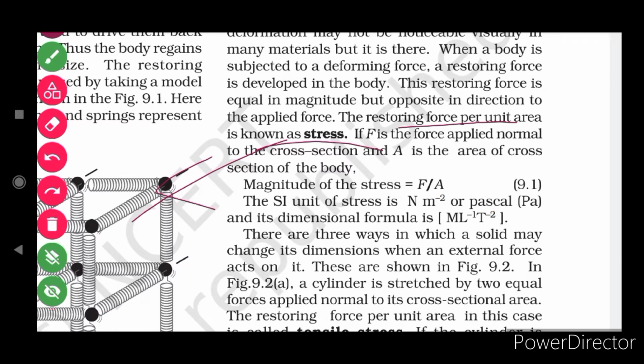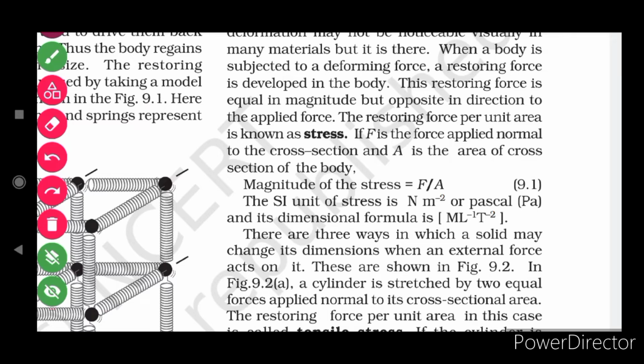So definitely there is a restoring force developed inside it, and this restoring force per unit area we have given the name stress. Make sure to remember that this is restoring force per unit area, not deforming force per unit area. Most of the time they are equal, but it is actually the restoring force per unit area.